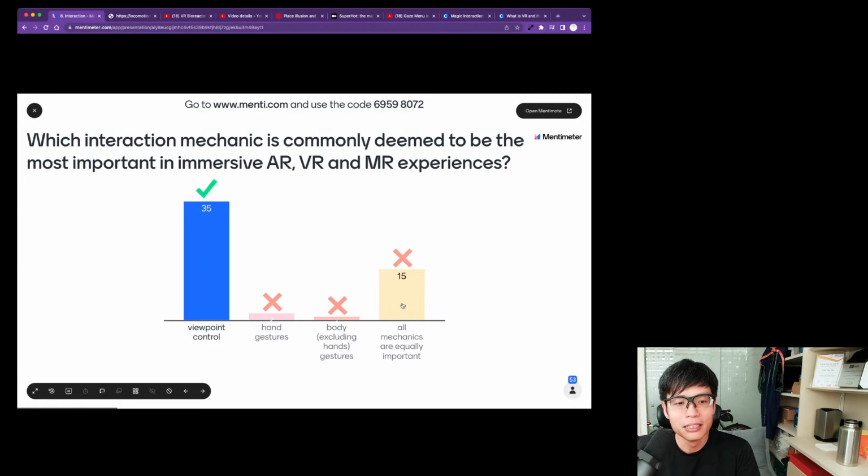But based on whatever is covered in this week's content and what I mentioned just now, viewpoint control is the defining mechanic of an XR or immersive experience: that you give the user the ability to freely control his viewpoint and have the free will of seeing this open virtual space.